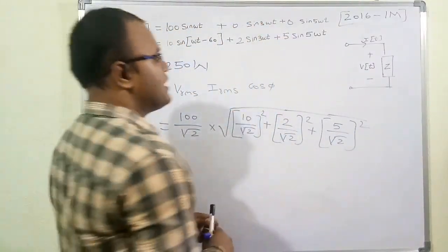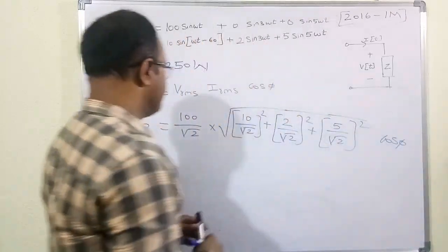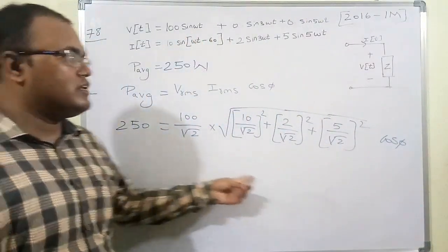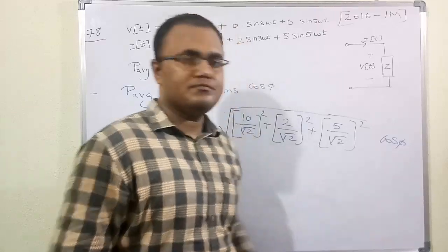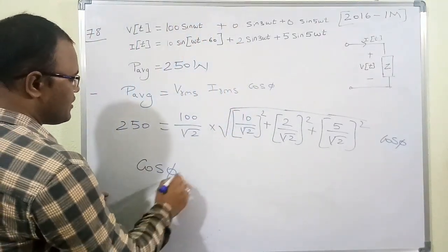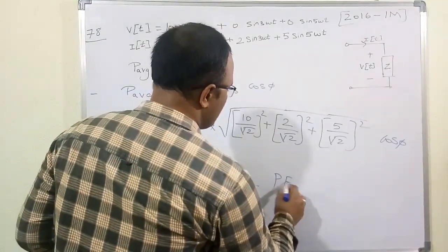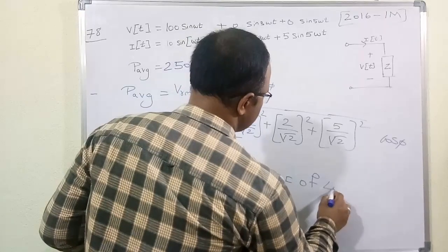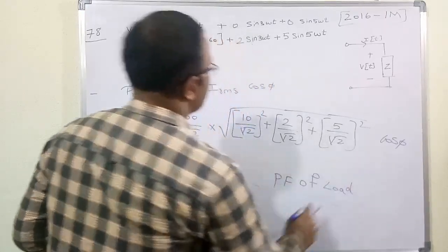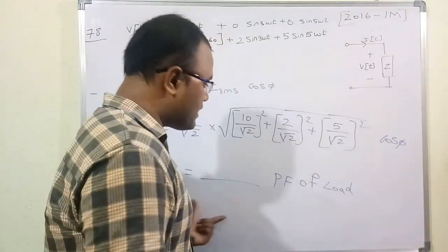And finally we need to multiply by cos phi. If you see carefully, in this whole equation only cos phi is the unknown. So by solving we can easily figure out the value of cos phi, which is the power factor of the load.